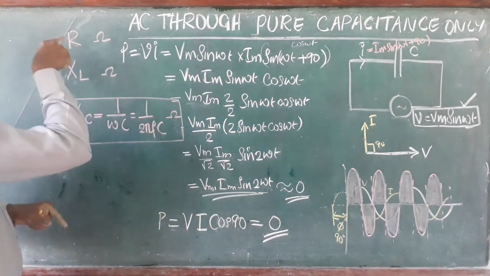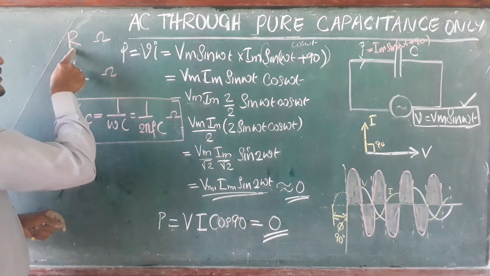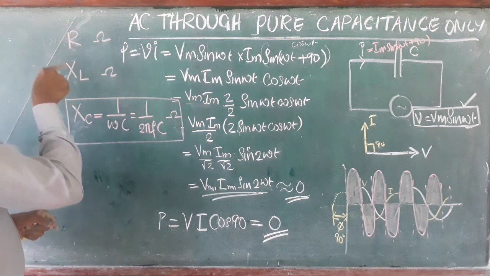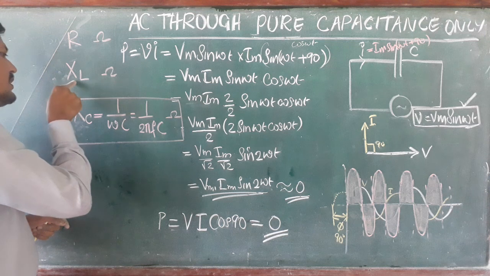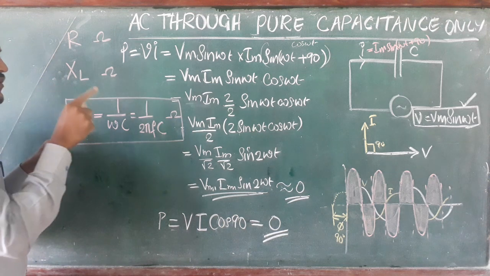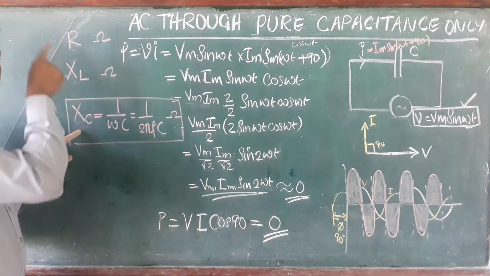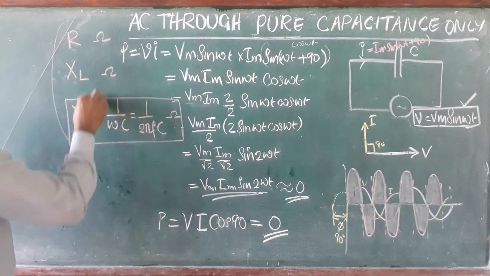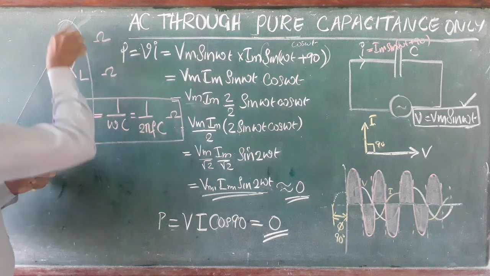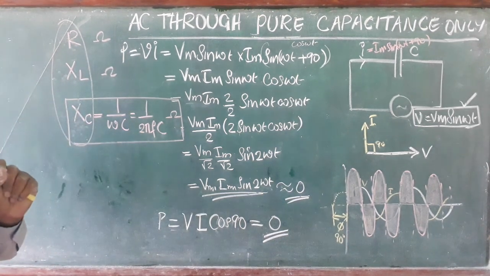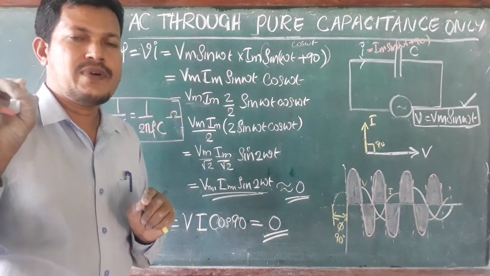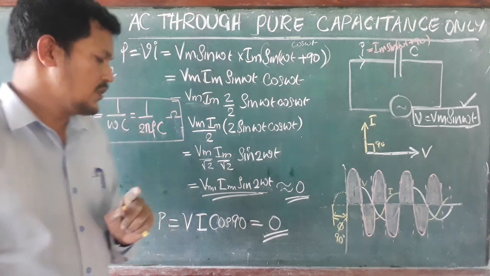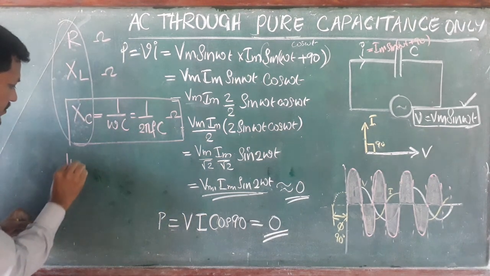We saw what the current does in the pure resistance circuit, in the pure inductance circuit, and in the pure capacitor. We have to discuss the total opposition offered to the flow of current. The total opposition offered to the flow of alternating current is known as impedance.